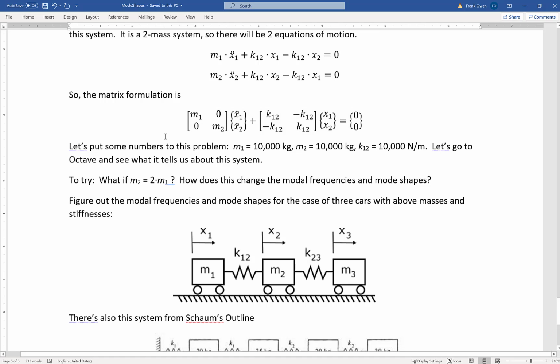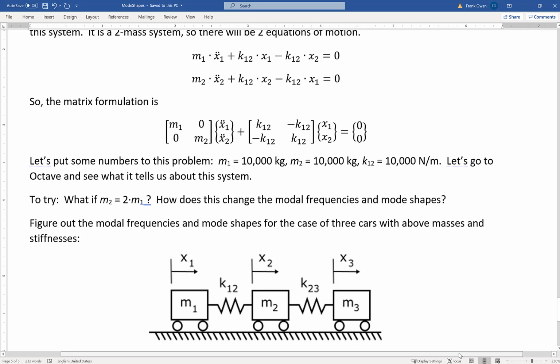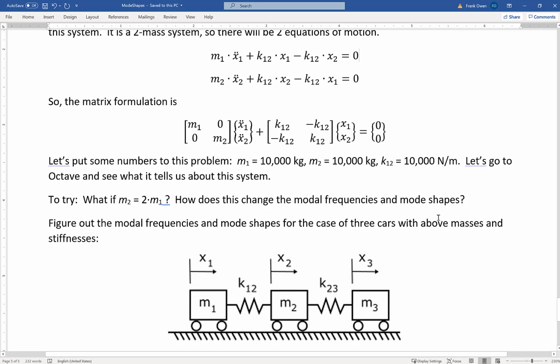I can blow this up a little bit, which makes it easier for the internet audience to see. So I've simply organized these equations into this matrix format.